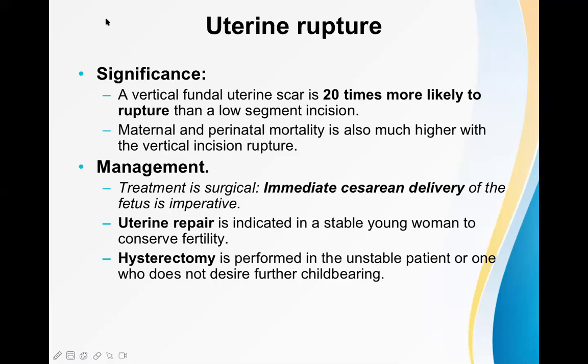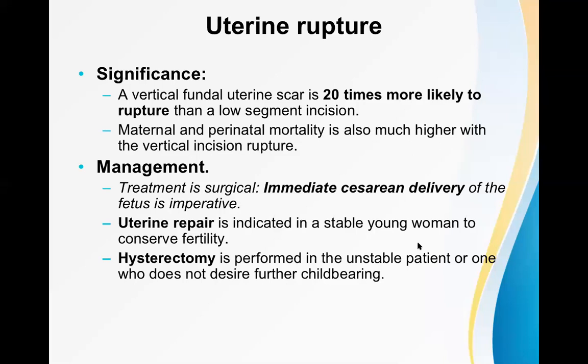After you take the baby out, repair the uterus, especially if she is young and if she has not completed her family. This is an important point. If she is young and has not completed her family, you repair the uterus after taking the baby out. You try to preserve the uterus.